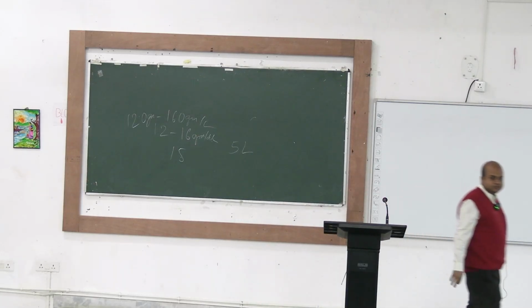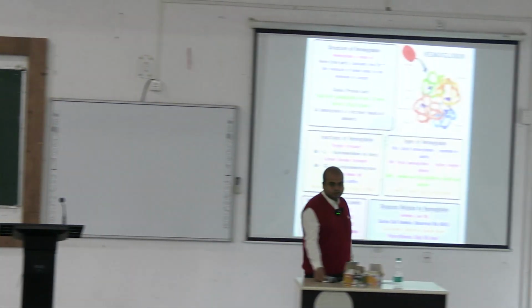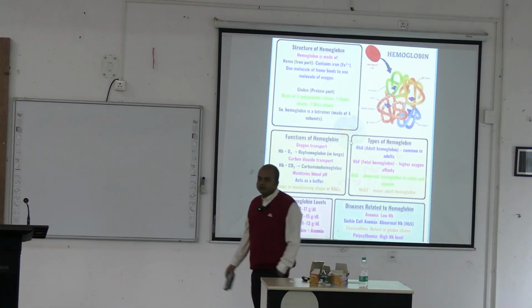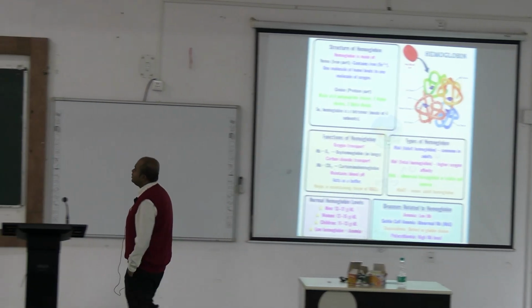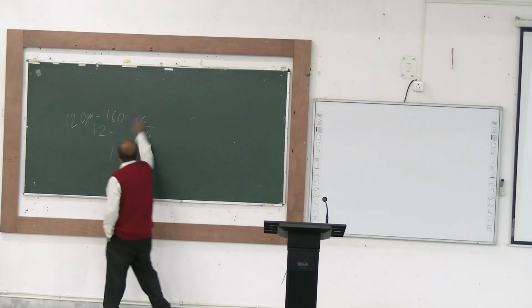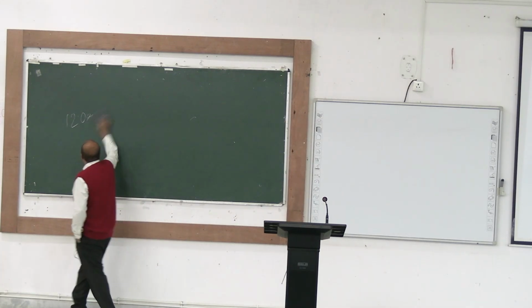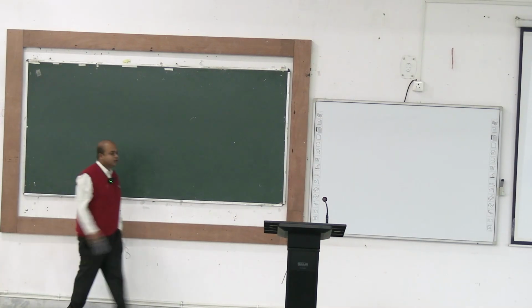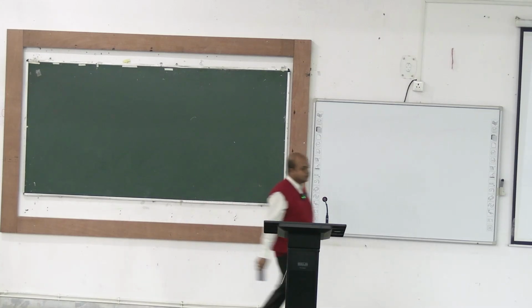Per deciliter, if it's 15, then it's 150 per liter. So that multiplied by 5, it's roughly 750 to 900. If we take it to be 17, then it's 850.